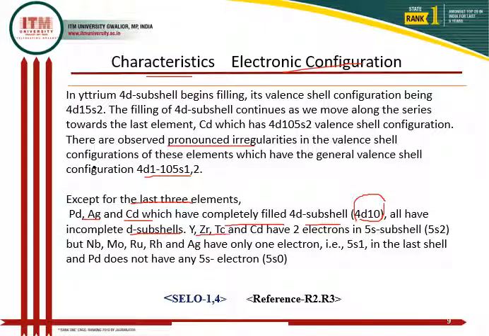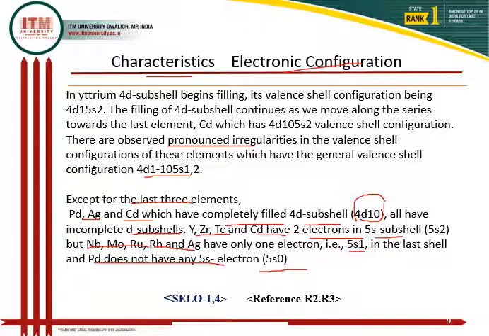Yttrium, zirconium, technetium, cadmium have 2 electrons in the outermost shell, that is 5s. But niobium, molybdenum, ruthenium, rhodium and silver have only 1 electron in the last shell, that is 5s1. And palladium does not have any electron, that is 5s0.